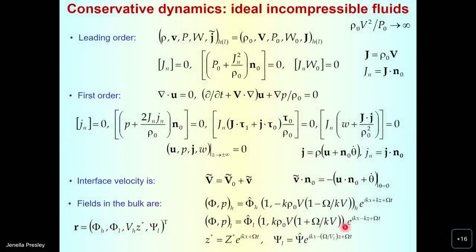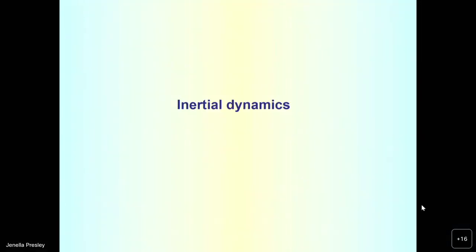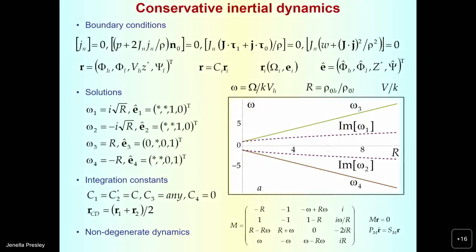So from this, we build our characteristic vector, four-dimensional. We substitute it, and we try to find the solution. And we start with inertial dynamics, and I will show you the conservative dynamics and Landau dynamics, so we will see how things work. Again, I repeat my boundary conditions. I substitute all that into these equations, solve the matrix M, which is presented here, and we find the solution.